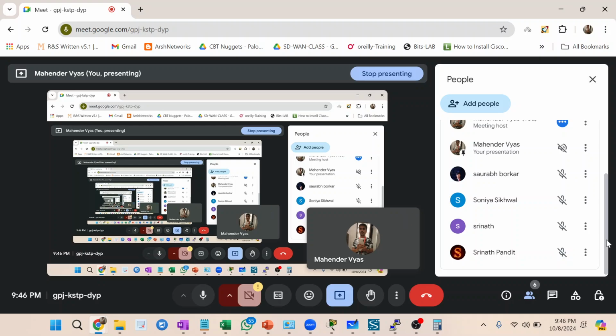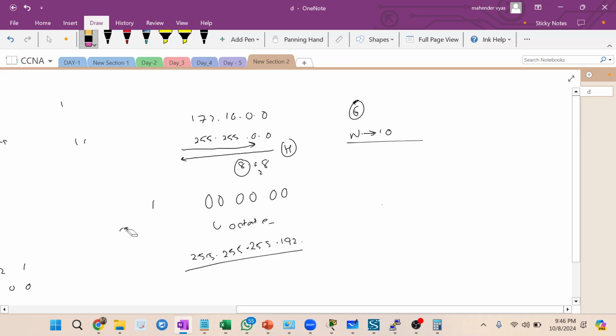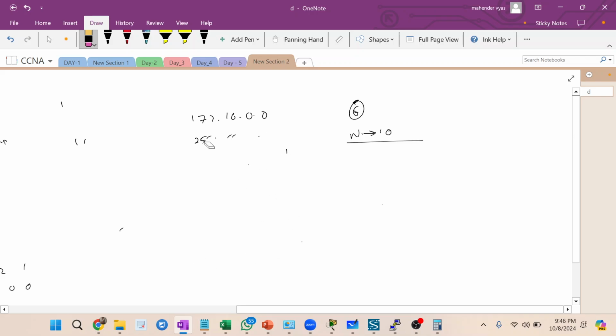Okay, so we'll close this class today on this. I want you to practice a couple of examples I'll give you. I want to know what the new subnet mask would be for each example. If you want, you can take a photo of this 2 power table.